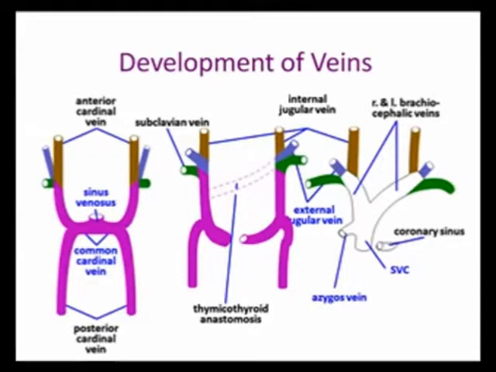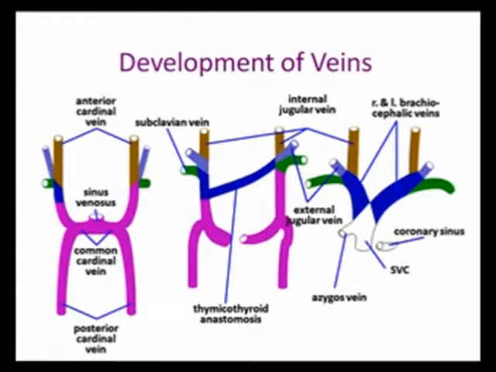So the question is, where do the brachiocephalics come from? Here you can see that a little bit of this anterior cardinal gives rise to the right brachiocephalic. The left brachiocephalic is a new vessel that forms, called the thymicothyroid anastomosis of veins, and that will connect the internal jugular, the external jugular, and subclavian on the left and shunt blood over to the right side.